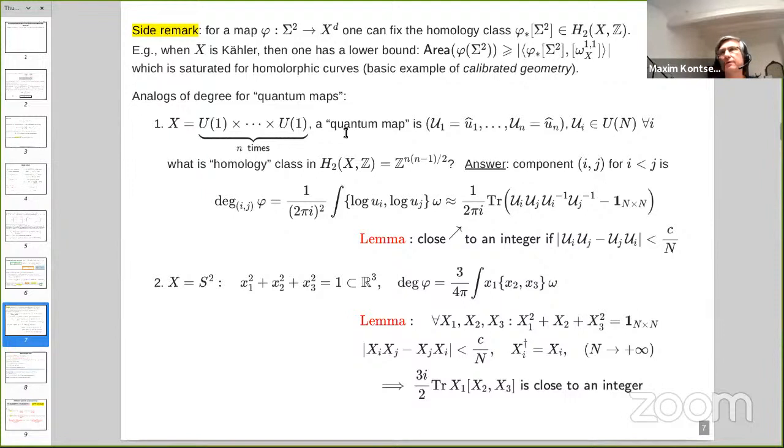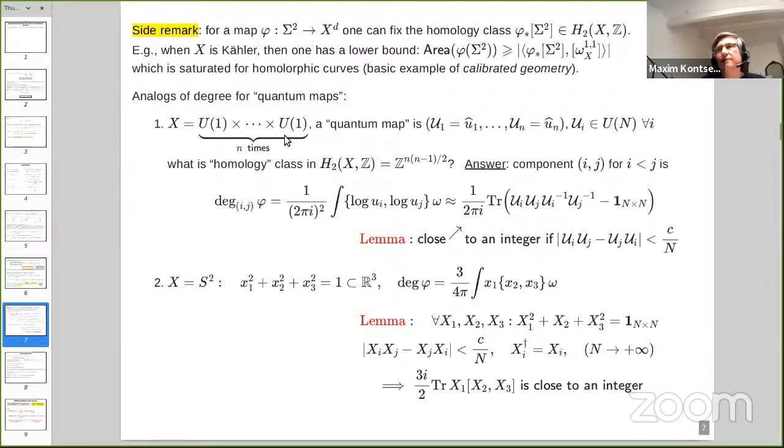It has some flat metric, but I don't care about the metric, it's a question about topology. My quantum map is just a collection of n unitary matrices of very large size. What will be the homology class? The homology class is an element of the lattice of rank n-1, n-2, so it has components ij for each pair of indices i less than j.